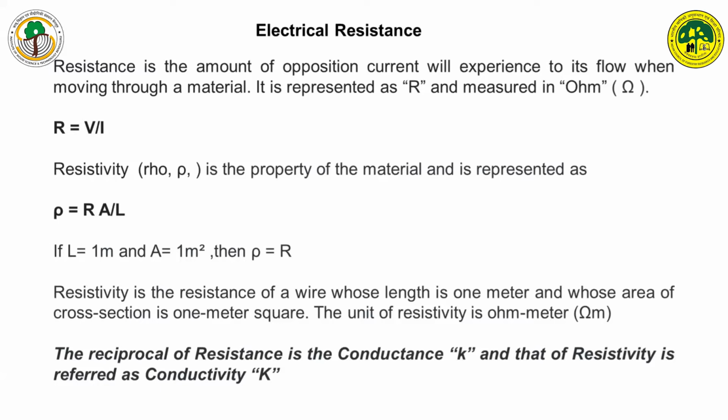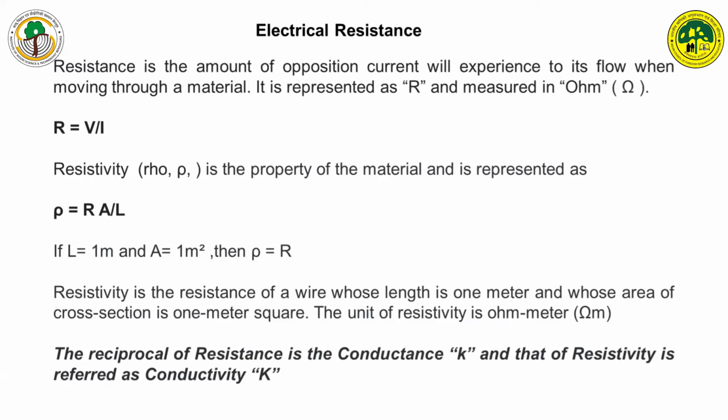For instance, if A is unit cross sectional area and the length of the material, or maybe the wood, is unit 1, then rho, that is resistivity, is equal to the resistance. So resistivity is the resistance of a wire whose length is 1 meter and whose area of cross section is also 1 square meter, and its unit is ohm meter.